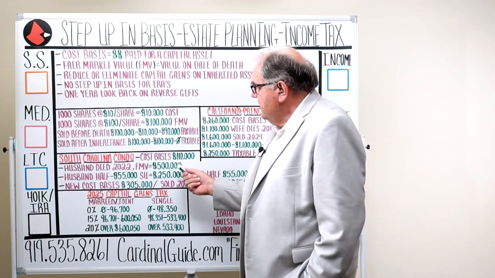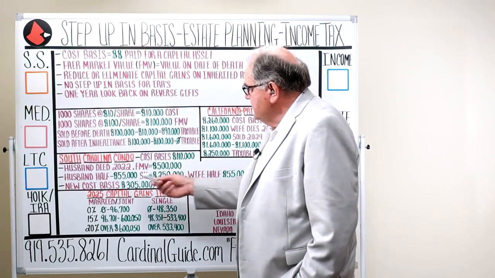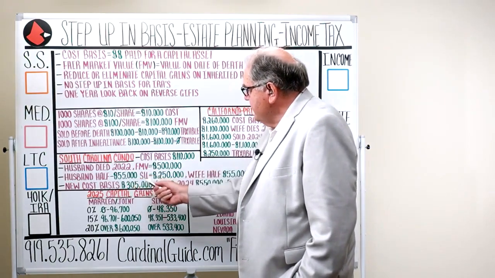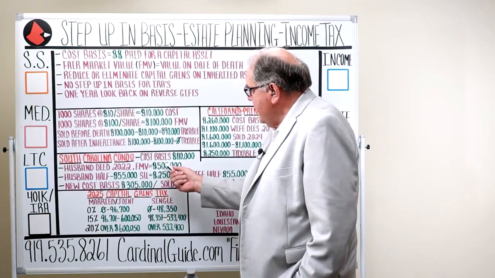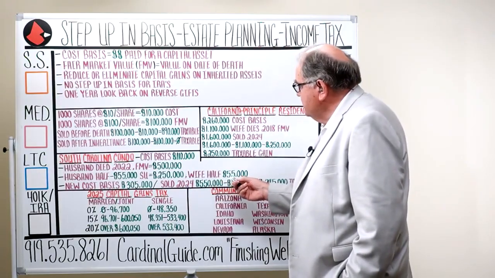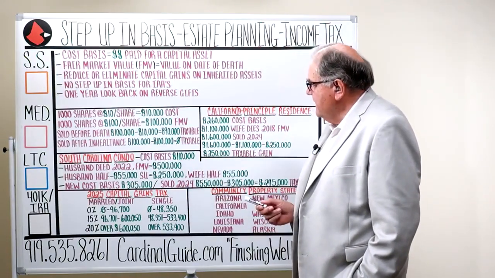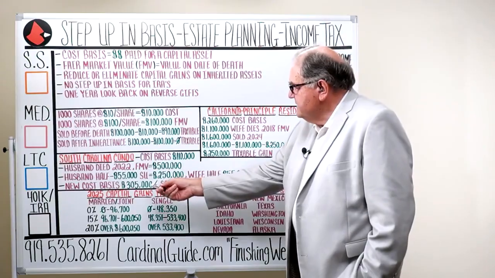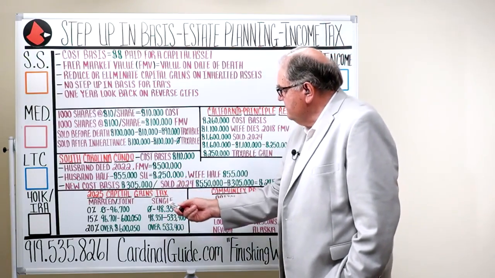$500,000. The husband's half got a step up to half of the 500,000, or 250,000. The wife's half still was half of the 110,000. So the new cost basis in 2022 is 305,000.